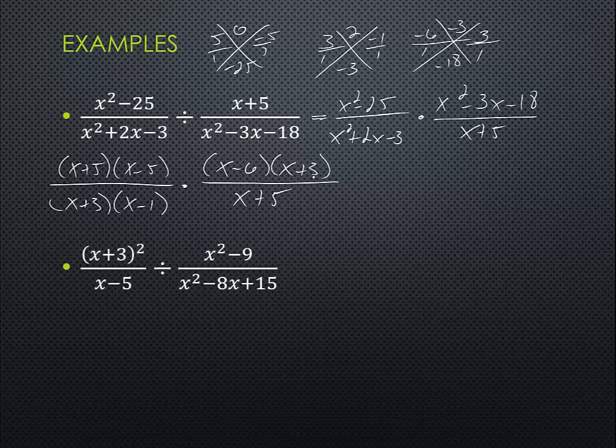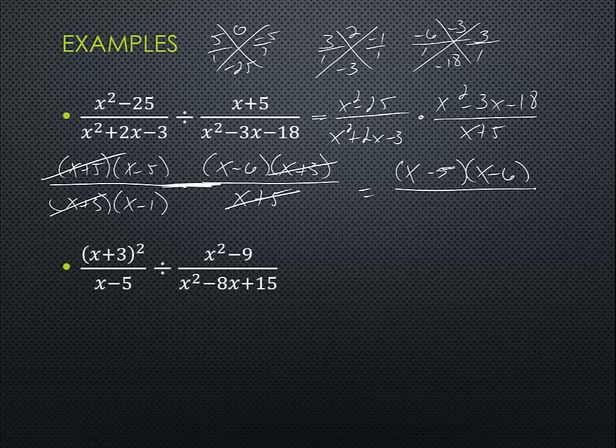And x plus 5 is just x plus 5. Then combine. And now cancel. X plus 5, x plus 5, x plus 3, x plus 3. And that's it. So what you're left with is x minus 5 times x minus 6 divided by x minus 1. Cool. Okay, last one. Flip and multiply.